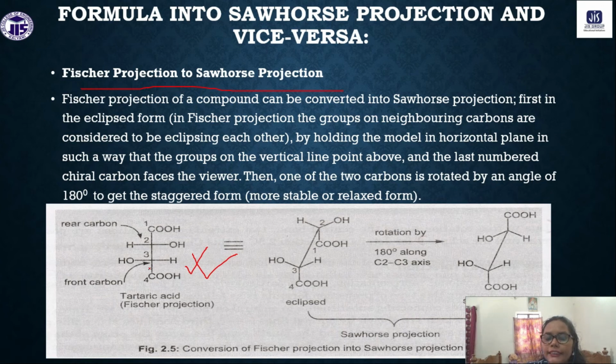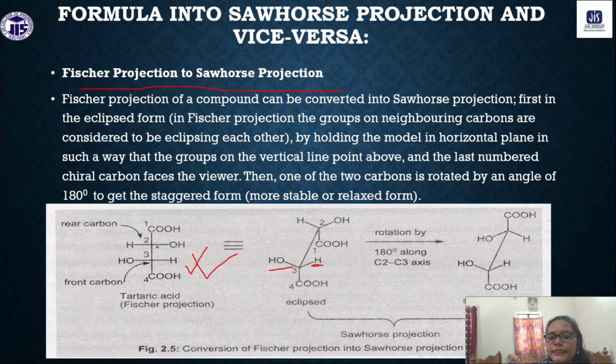Now look, this C3 carbon is the front carbon and this C2 carbon is the rear carbon. So if this is the front carbon, this is your C3 front carbon, from here you are looking at, right? So your COH should be on the downside, and on the right hand side you will see the hydrogen, and on the left hand side you will have the hydroxyl group.